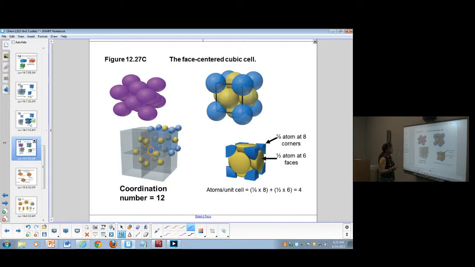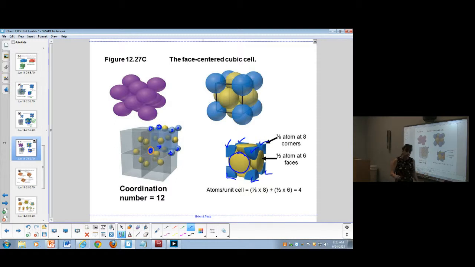Now, in the face center cell, you still have 1/8 of an atom at every corner. I can't get that last one, but it's still at every corner. Here's 1, 2, 3, 4, 5, 6, 7, 8. Okay. And each one of these is touching the centers.